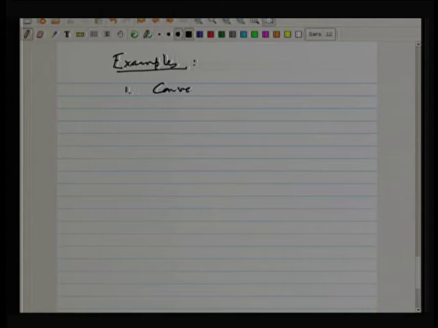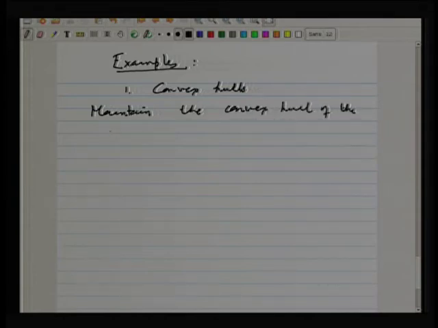Convex hulls: you maintain a data structure, some kind of computation, to maintain the convex hull of the first i points. Of course, these i points are being picked from that random permutation.